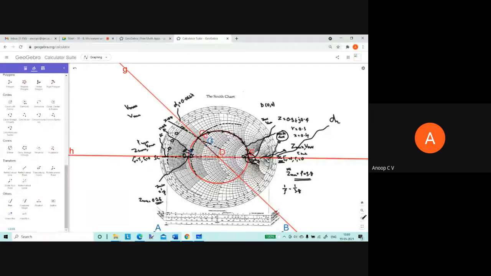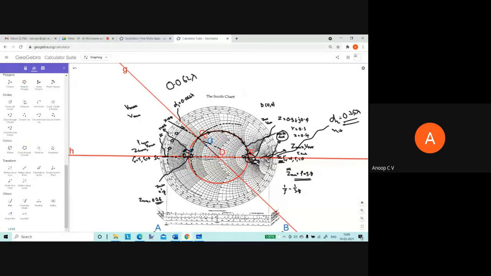So this point is D2, the position of maxima, equal to 0.25 lambda. So the separation between the load end and the position of maxima: at the load end the D value is 0.062 lambda, and D2 is 0.25 lambda.